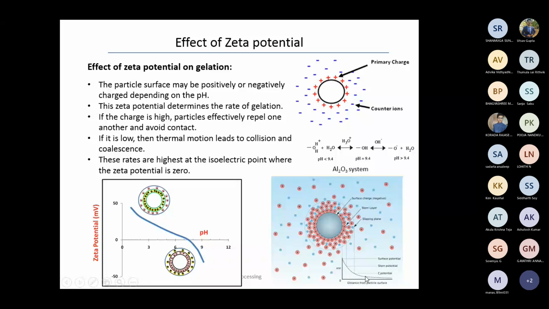It will be constant when it is away from the particle surface. The difference between that constant value and the potential at the particle surface is called the zeta potential. Zeta potential is very important because it decides whether your material will be stabilized or not, and the strength of the potential. If the zeta potential value is high, it will be highly stabilized.